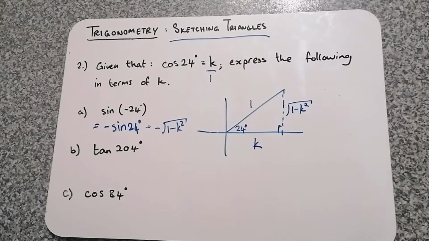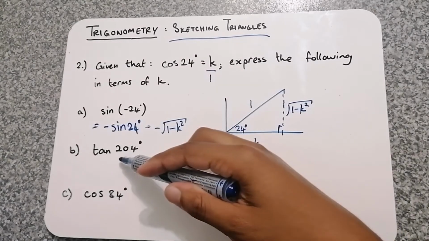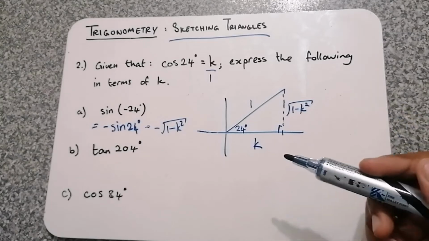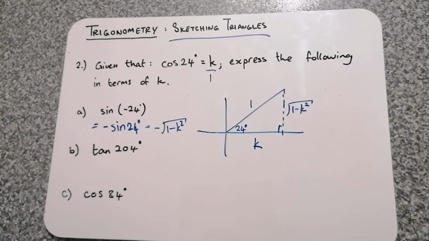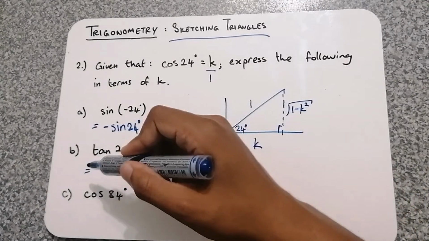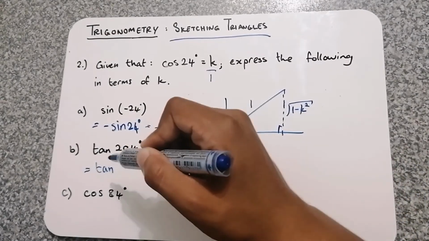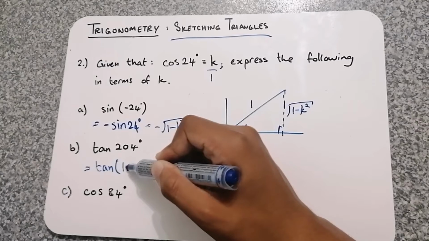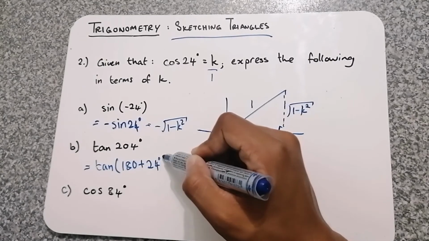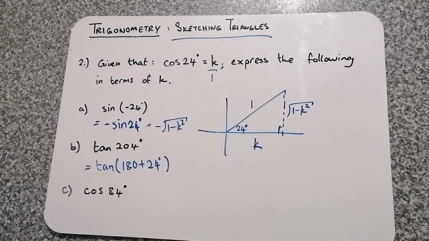Right. Now here we have an angle that's not 24 degrees, it's a bit bigger. So I'm first going to reduce it using one of my reduction table quadrants. And in fact, we're going to use the third quadrant because 204 degrees is an angle in the third quadrant. So that breaks up to 180 plus 24 degrees.